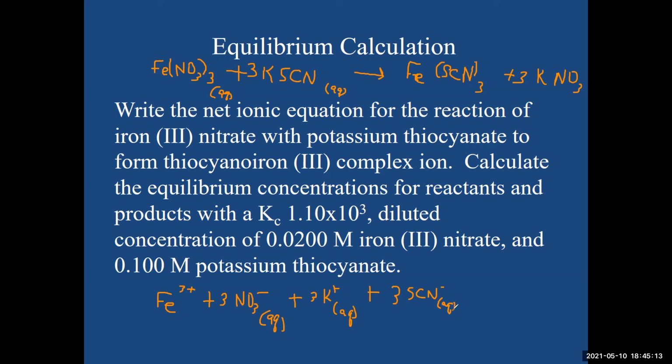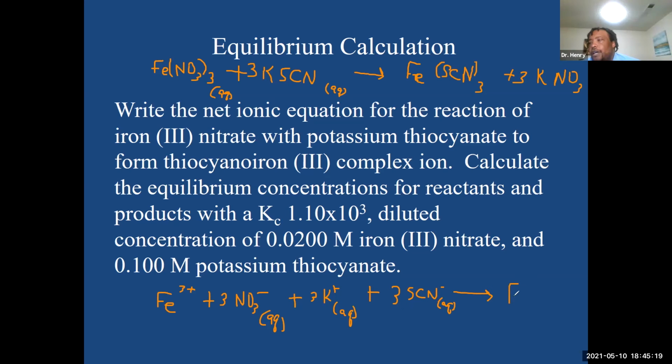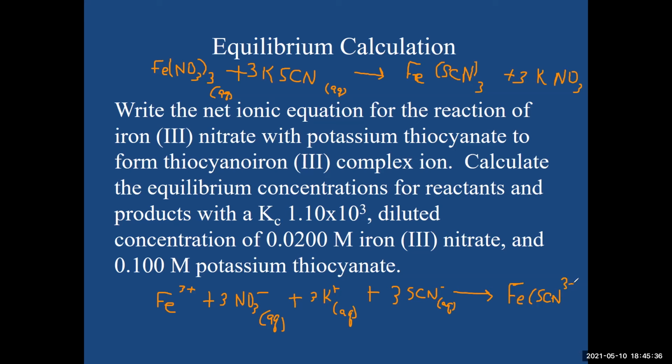And wouldn't the thiocyano iron be solid? It's not going to be a solid. It's actually going to form another ionic compound. So it's going to be FeSCN, and technically it's going to be 3 plus, not 3 minus.